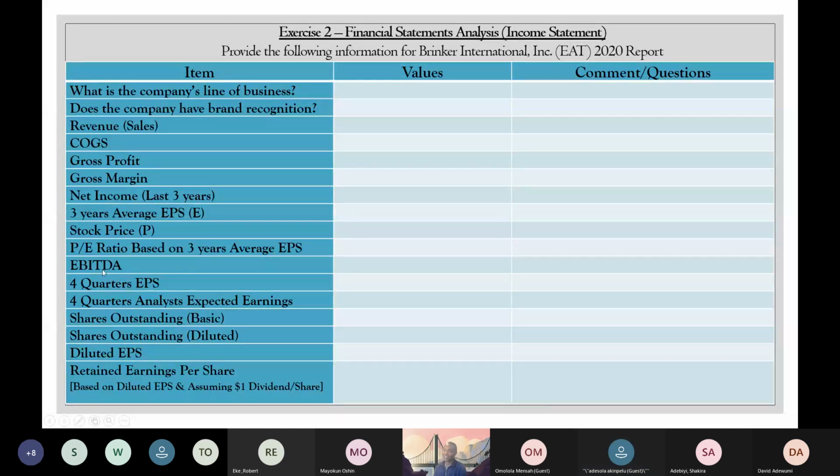Earnings before interest, taxes, depreciation, and amortization, EBITDA. What it allows you to see is before they start taking out money that they owe, such as taxes or interest, as well as money that they set aside, such as depreciation. Before they start taking those out of your accounting, you want to see at that level how the company is doing.